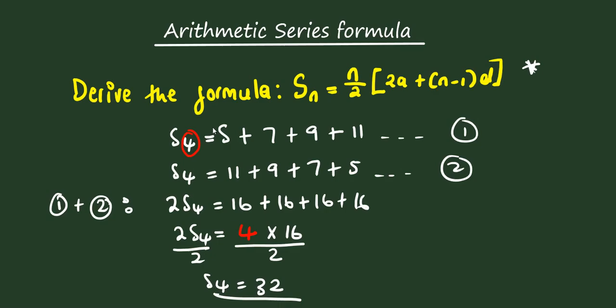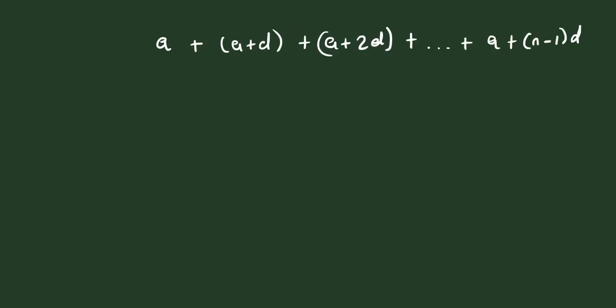I found the addition of these 4 terms using this method, and you can confirm: 5 plus 7 is 12, 12 plus 9 is 21, and then 21 plus 11 is 32. You see, so using the same approach, that's how we're going to derive an arithmetic formula.